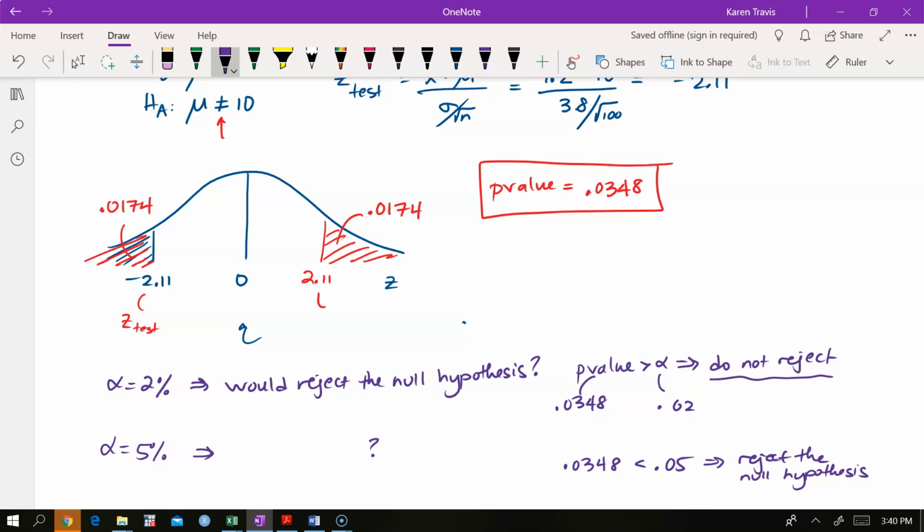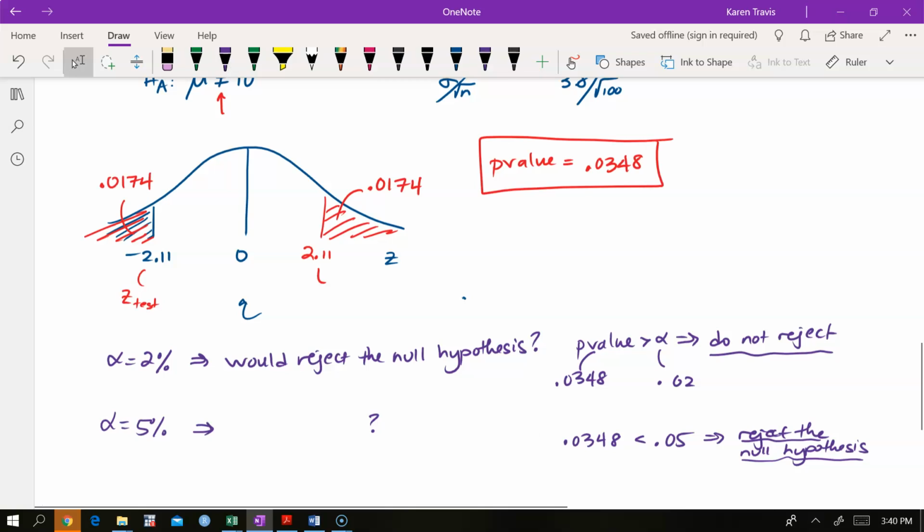However, if we had the more stringent criteria of 2% that we just did above, our sample result doesn't meet that more stringent criteria. So we do reject the null hypothesis. That means we accept the alternative hypothesis, which would convince us that the mean is not equal to 10. And this would mean we cannot show mean is not equal to 10.